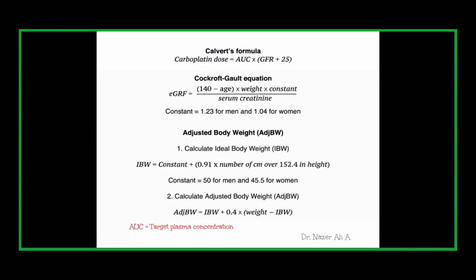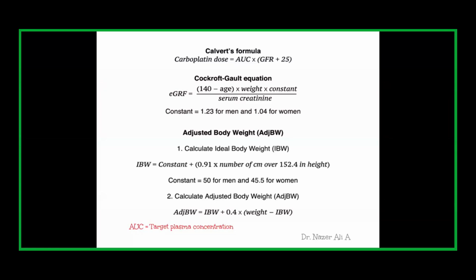This area under the curve usually ranges from 1 to 6. If it is a 3-weekly cycle, with carboplatin given once every 3 weeks, they will keep the AUC as 5 or 6. Usually they give 5 and do not go for 6. If it is a weekly protocol, the AUC will be kept as 2.